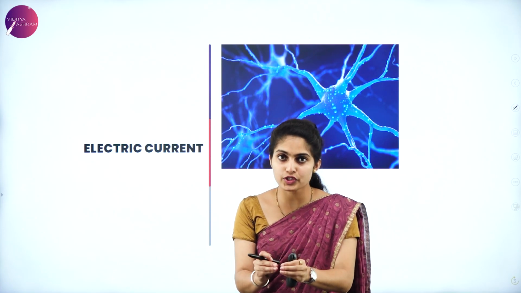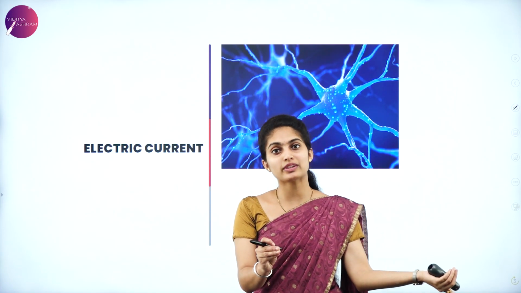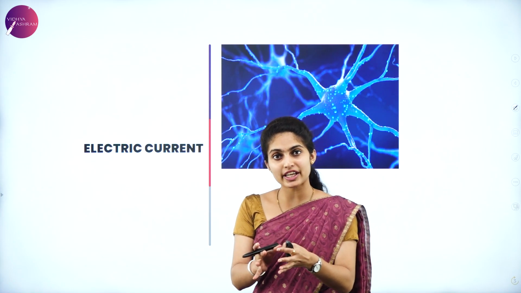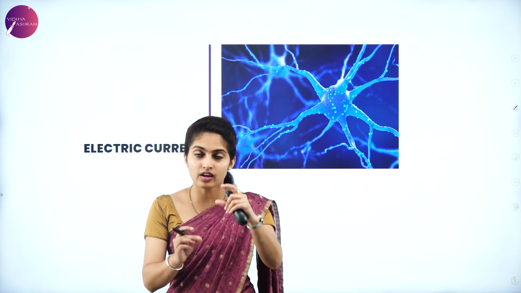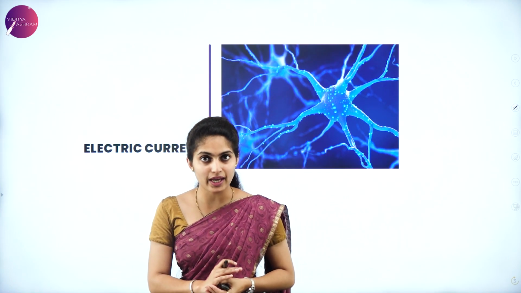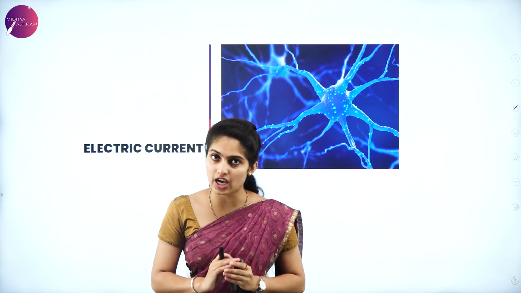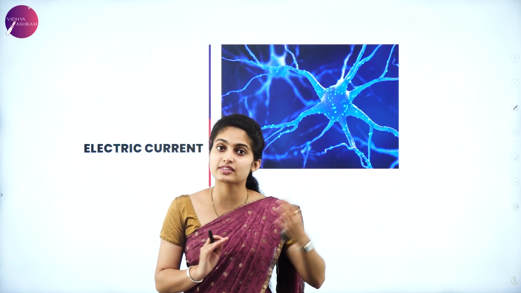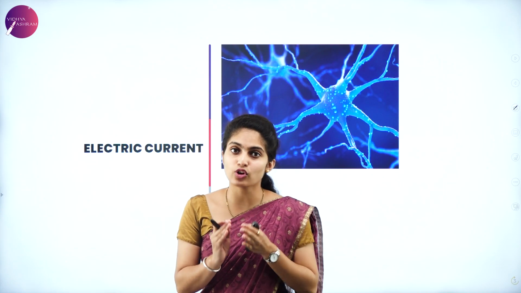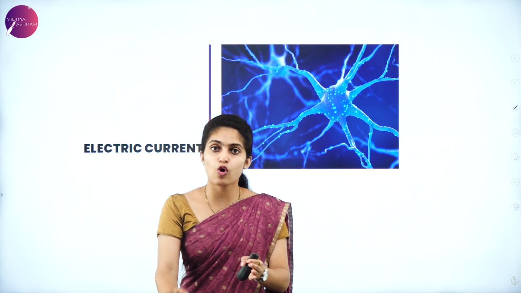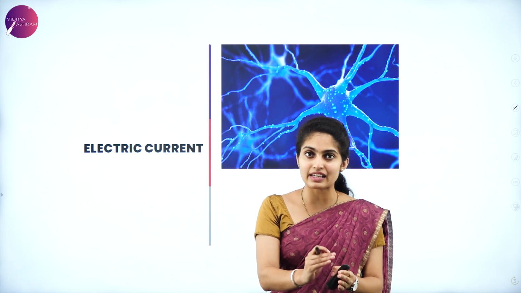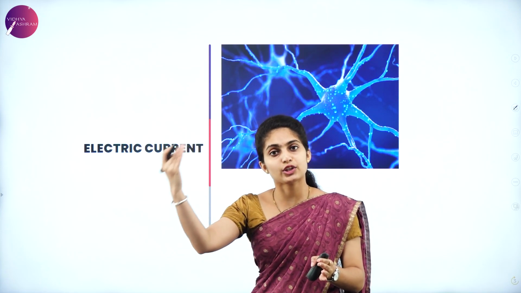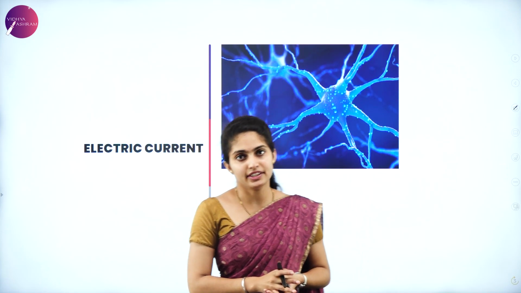The flow of charges with respect to time, we relate, so that we get to know that in a certain area and at a certain interval of time, when there is a flow of charges, there exists current. The flow of charges itself is a current, but we measure it with the help of time intervals.